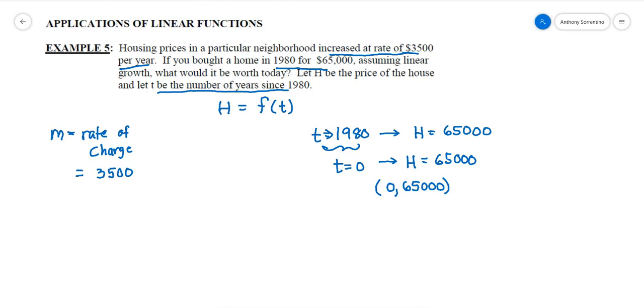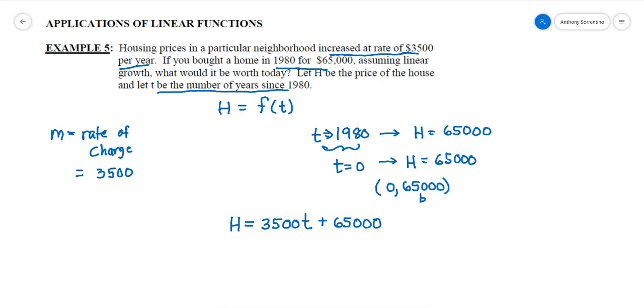So the formula I'm looking for is 3,500 T, and this would be the B value, 65,000.